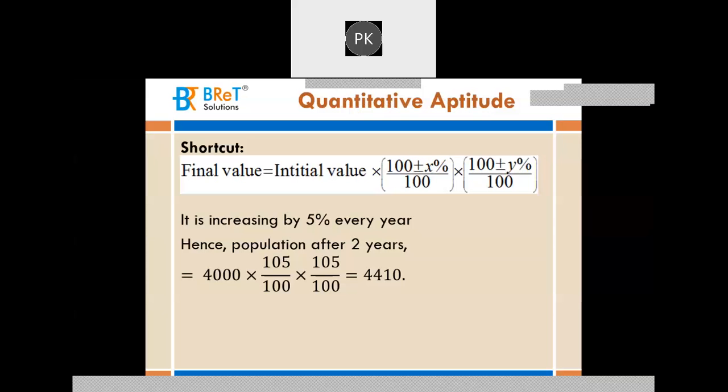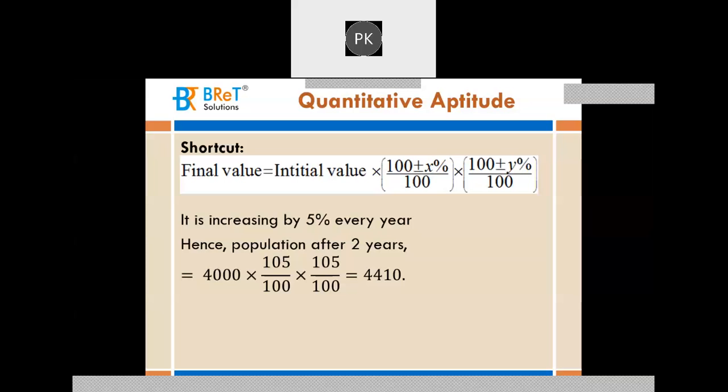So 5,000 into 120 divided by 100. The initial value is 5,000, and 20% increase I can write as 120 by 100. So 50 into 120 is 6,000 rupees. So the selling price of the article is 6,000 rupees.